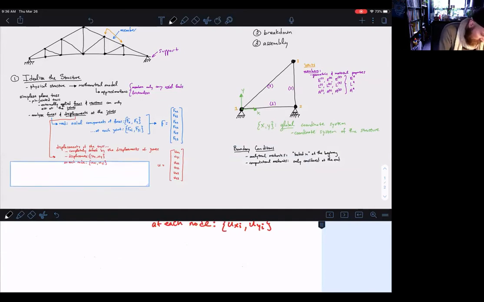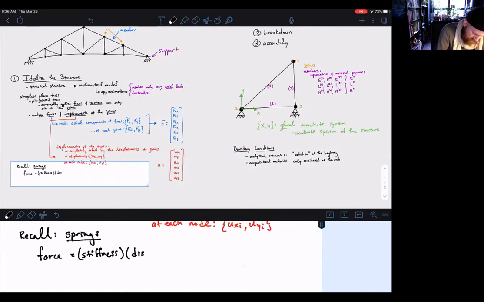So recall how springs work: the force is equal to some stiffness times some displacement. And that's exactly what we're going to find here.